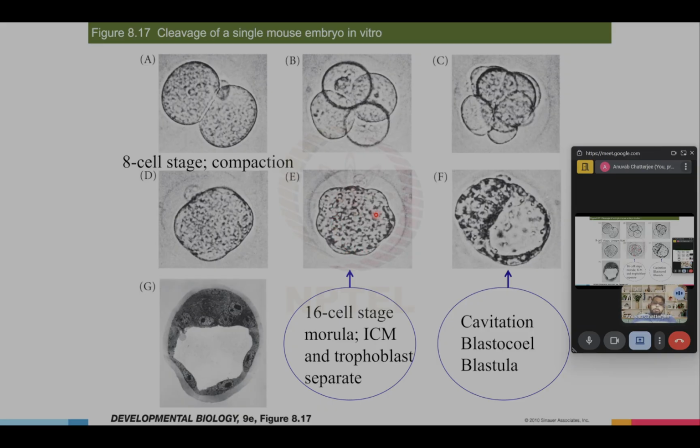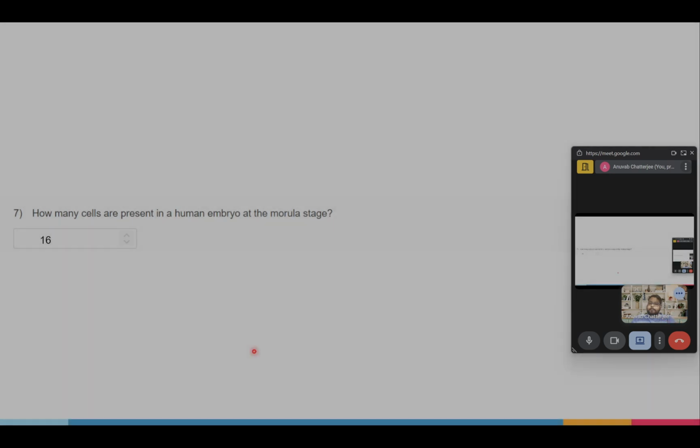It starts at the 16-cell stage but ends up with the 32-cell stage, where the ICM and the trophoblast separate. Then you have cavitation, which is known as the blastocele formation, and this is called a blastula, and after implantation it forms the blastocyst. So this is essentially the early development that the video also discussed.